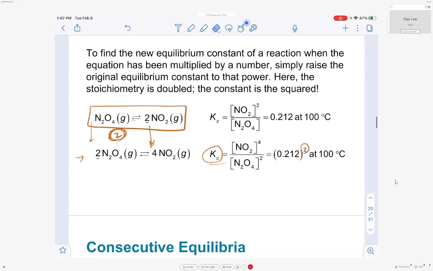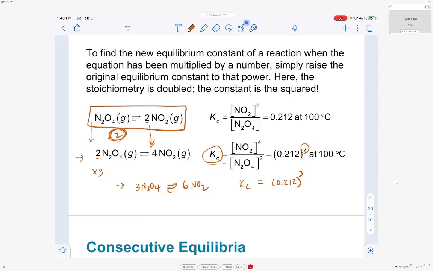If the equation is multiplied by 3, then the Kc is going to be the original Kc raised to the power of 3. Okay.